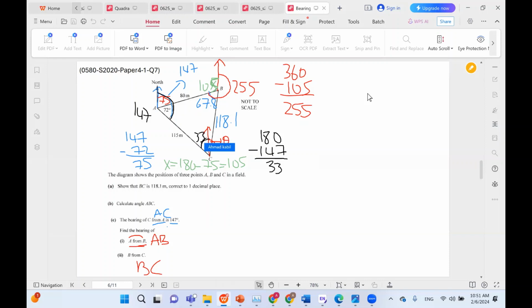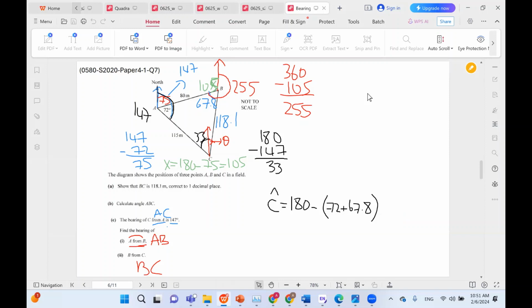Now, can we get angle C as a whole? Yes, we can. So angle C would basically be 180 minus the sum of the other two angles in the triangle, which are 72 and 67.8. So let's use the calculator to quickly evaluate this.